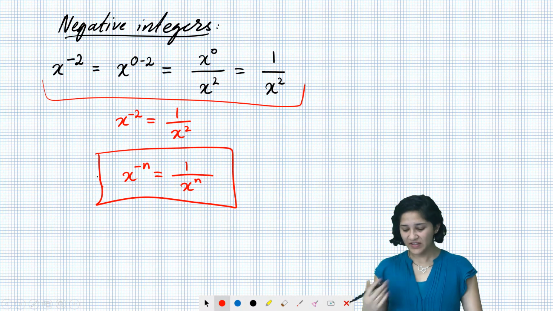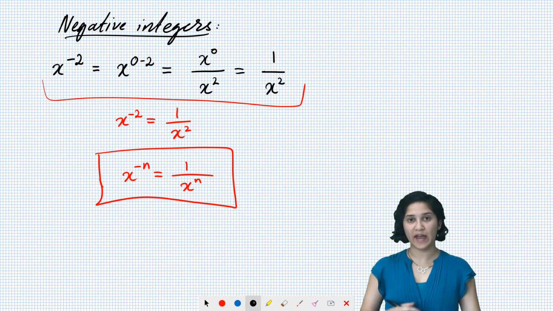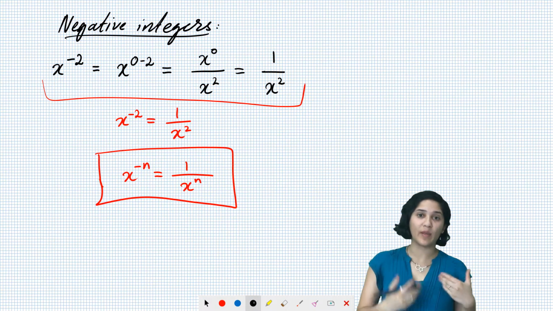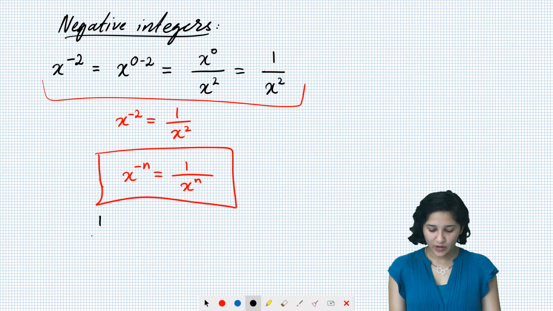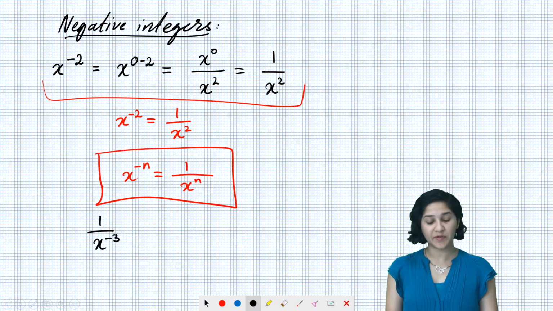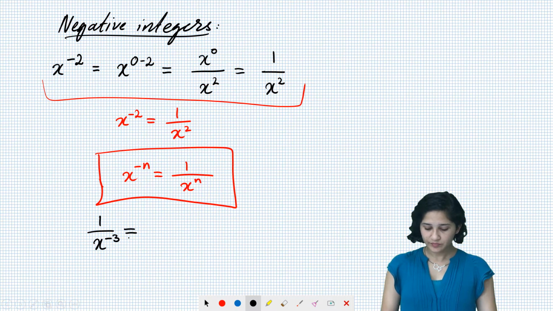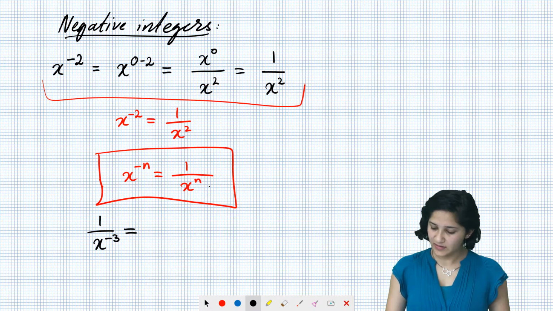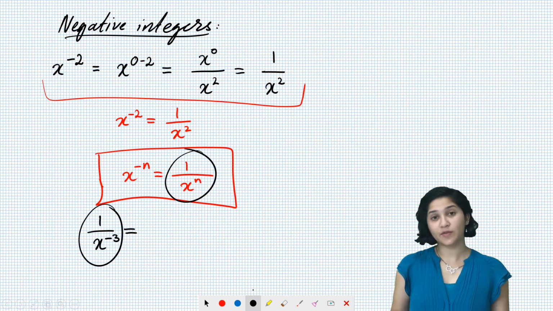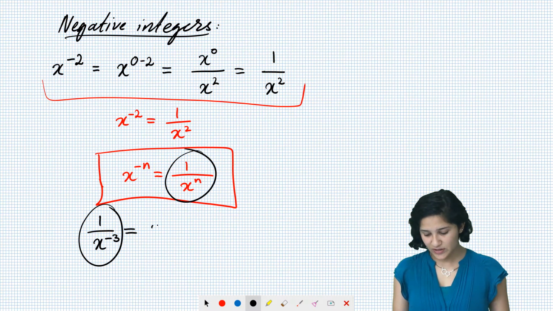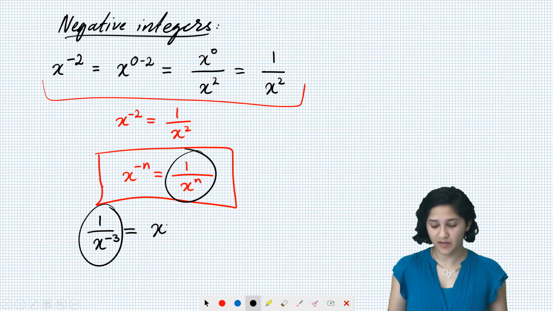Alrighty? So this extends to even when we have a negative power on the bottom of a fraction. So let's say we had 1 over x to the power of negative 3, right? So we can say that, okay, this looks like this form, so I can rewrite that without the fraction just by changing the power to a negative.